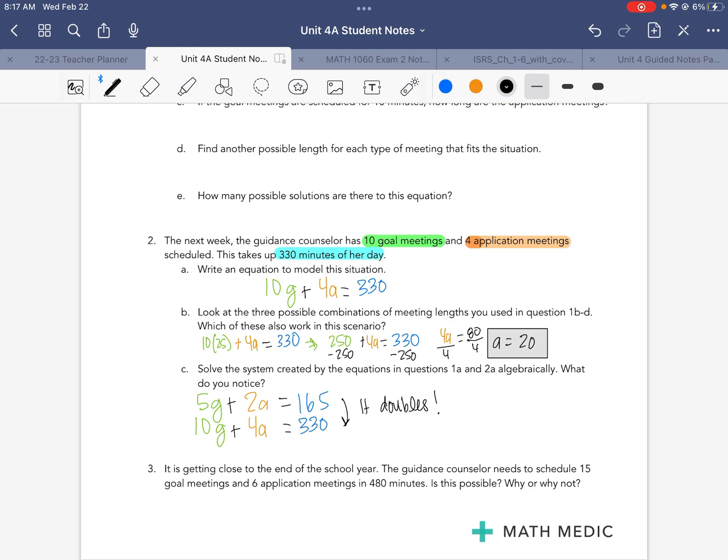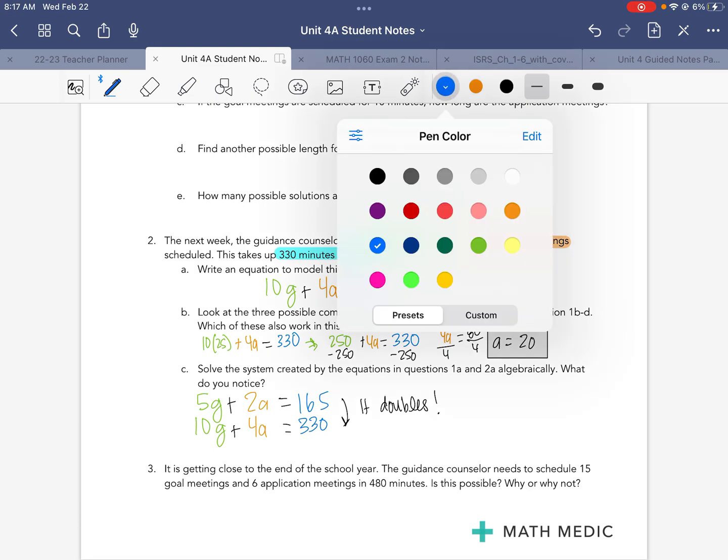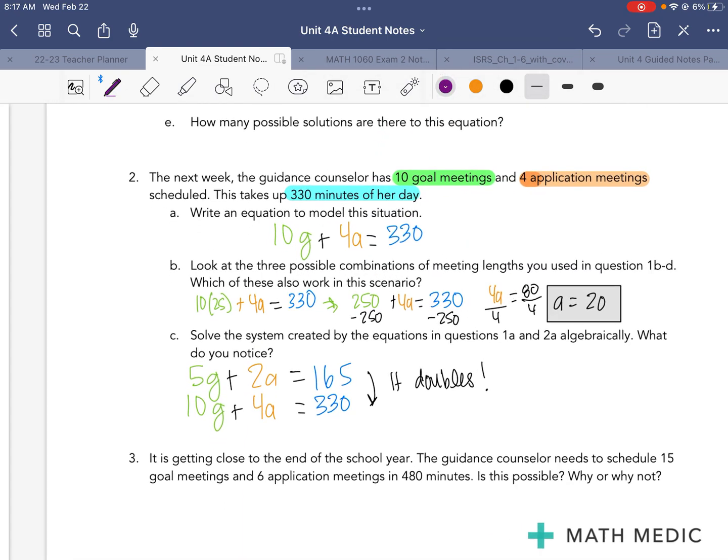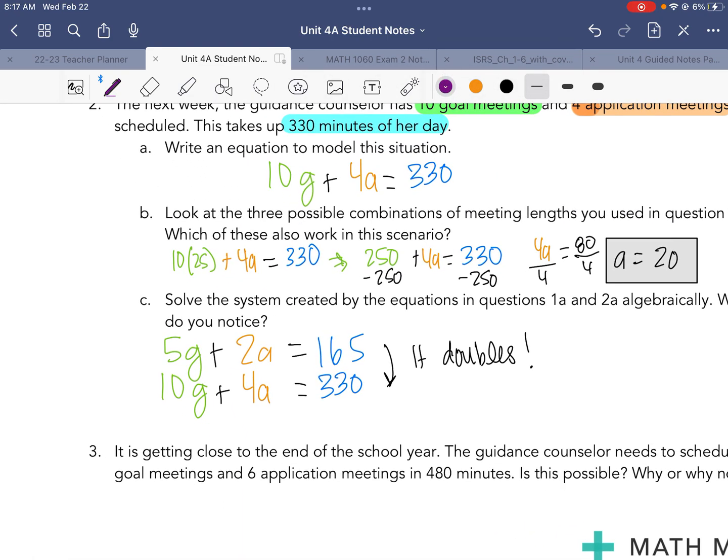If we tried to do it by elimination, this is the way I want to focus on. In order to do elimination, we would have to have 2 of them that match. So in order to get 2 of them that match, we would times everything by 2, right? So then we'd have 10G plus 4A equal to 330. And then if we try and eliminate what's the same, well, that's the same, and that's the same, and that's the same. And everything gets eliminated.